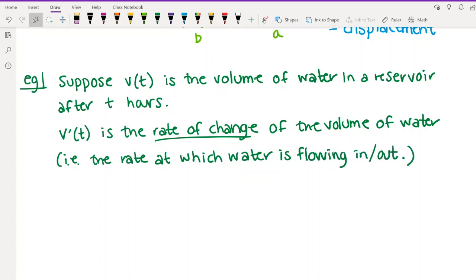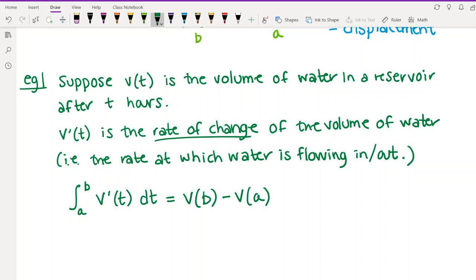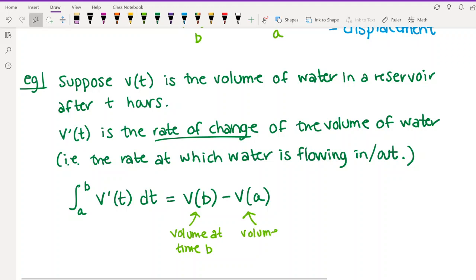Okay, so what would be the meaning if we were then to take the integral from time A to time B of this rate of change? Well, we would get V of B minus V of A. And so V of B would mean the volume at time B, and V of A would mean the volume at time A. And so what does it mean to subtract them?